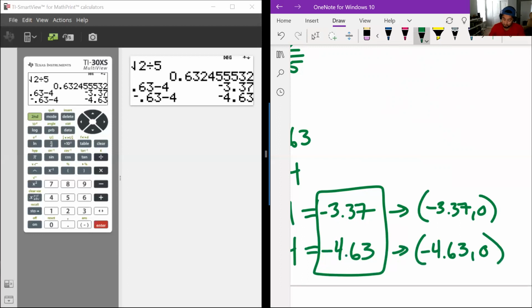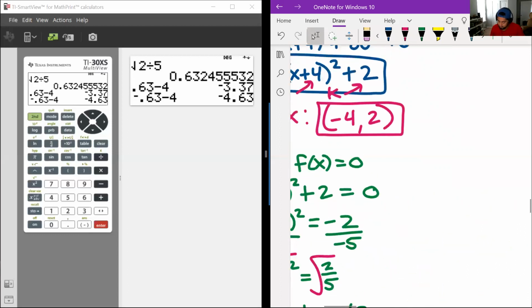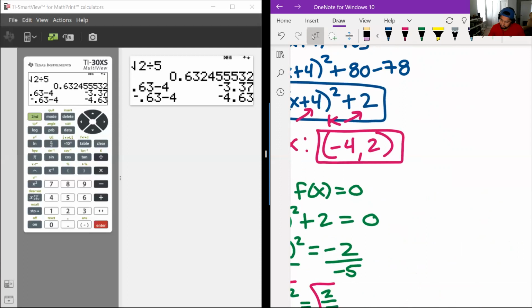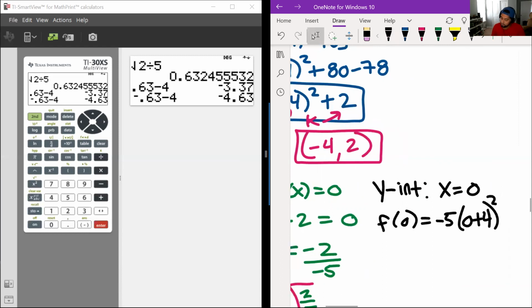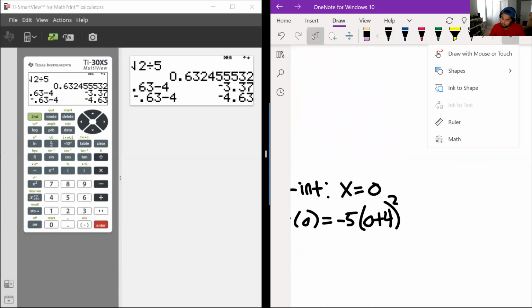Okay. And now the y-intercept. That was definitely a process. And x equals 0. So we'll have f of 0 equals negative 5 times 0 plus 4 squared plus 2.